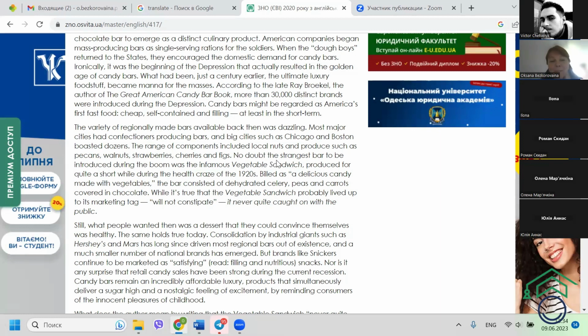No doubt the strangest bar to be introduced during the boom was the infamous vegetable sandwich, produced for quite a short while during the health craze of the 1920s.